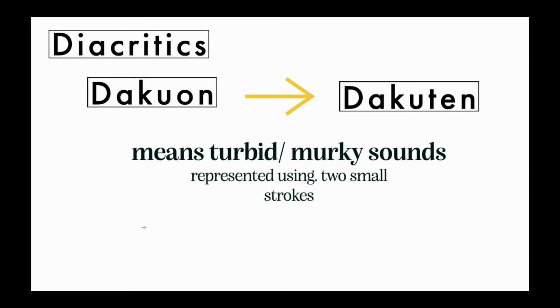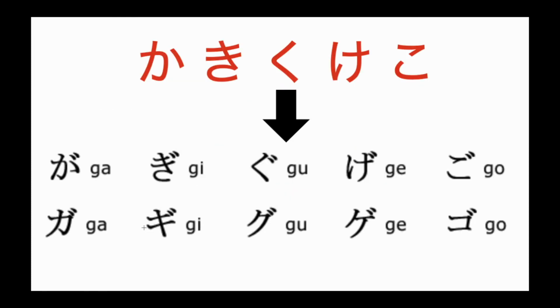It sounds complicated, but let's look at our ka, ki, ku, ke and ko line, which we already know. So this is our hiragana ka, ki, ku, ke and ko. When 2 small strokes called dakuten are added to the ka line, the ka sound changes to the ga sound.